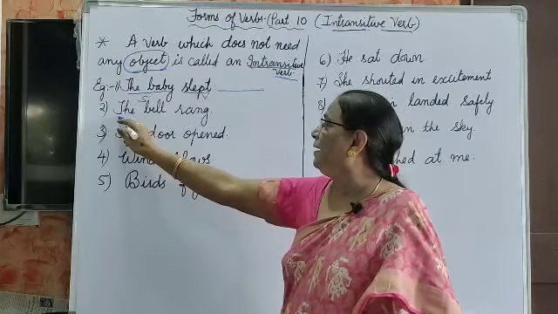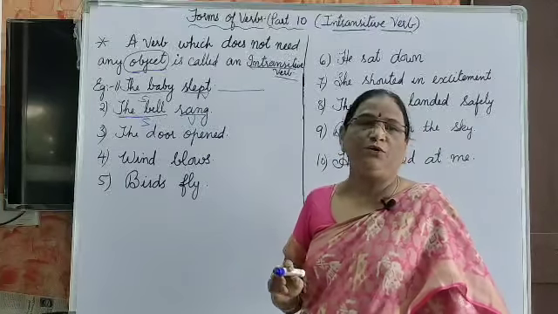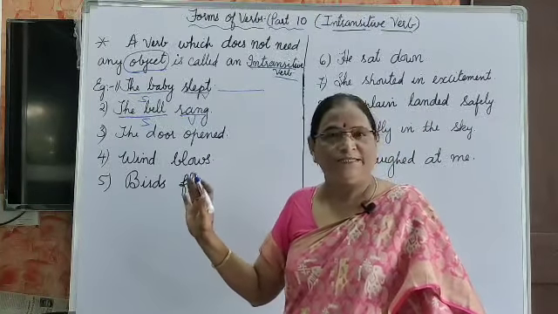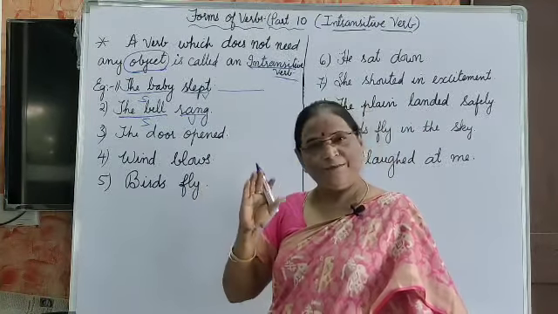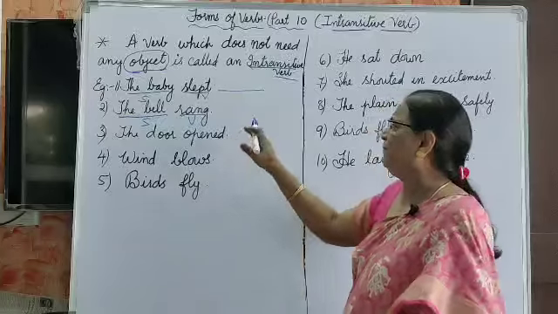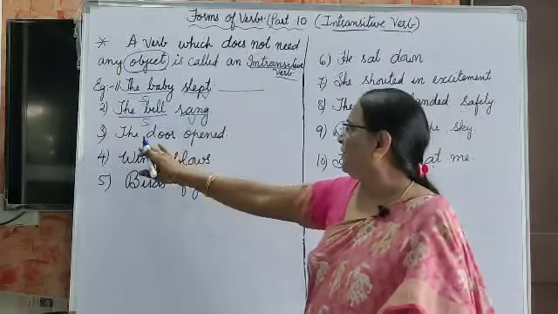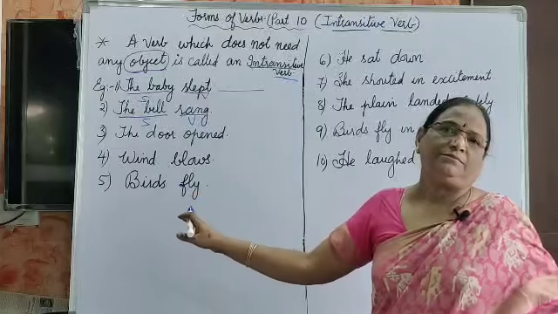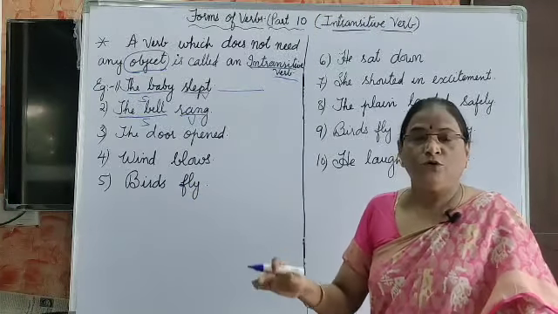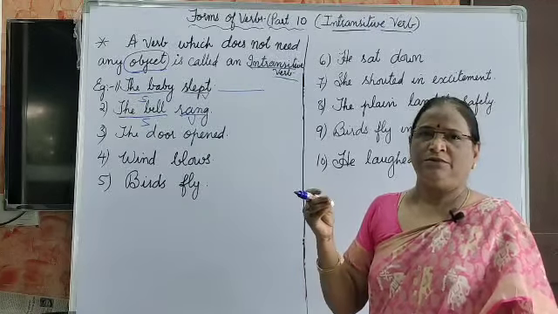Next one is the bell rang. The bell is the subject, rang is the verb. Here also it has complete sense, a meaningful sentence. The bell rang. By whom or whatever it may be, we don't need. It has a complete sense and complete meaning. The bell rang, that's all. Next one is the door opened. How it opened, who opened, we don't want any object here.